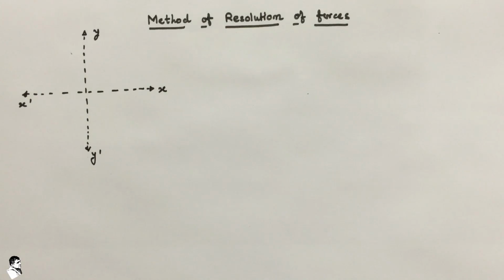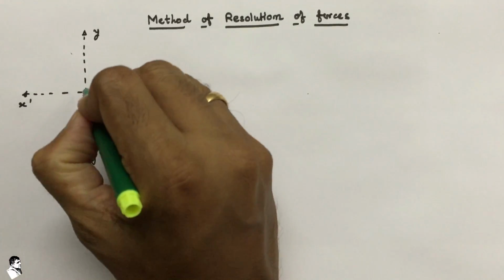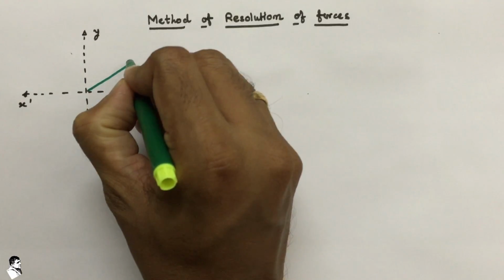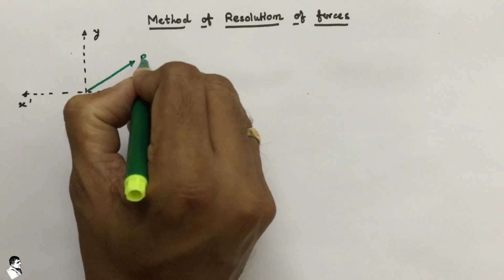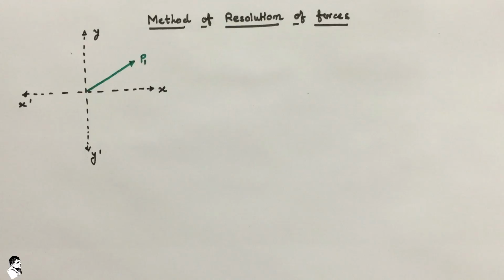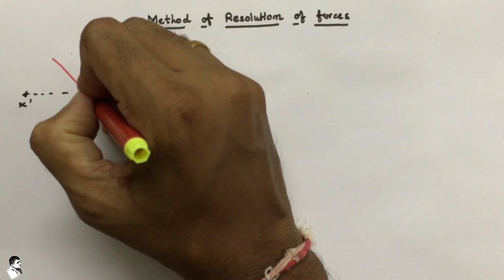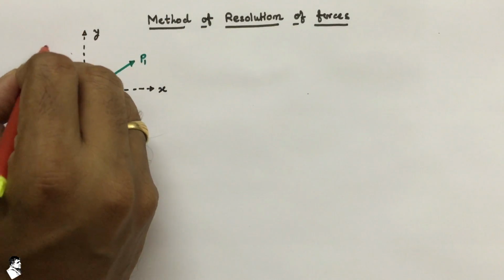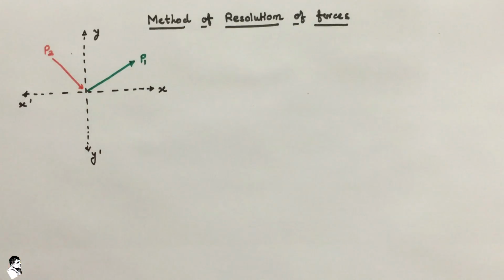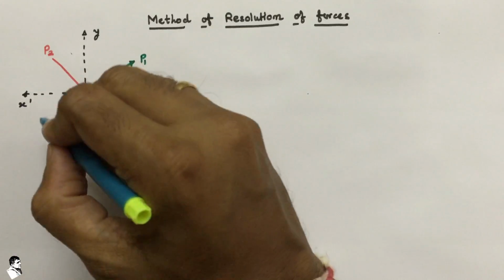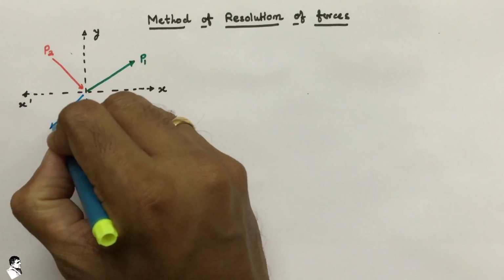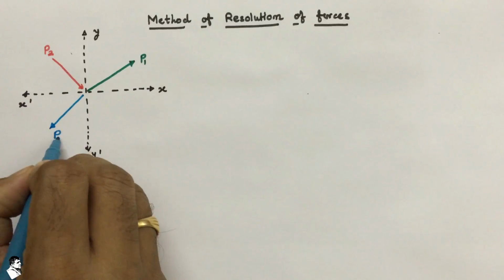Now there are four different forces that we have to consider. Force number 1 is P1, then force number 2, towards the center point of that axis, is P2, and force number 3 is P3.